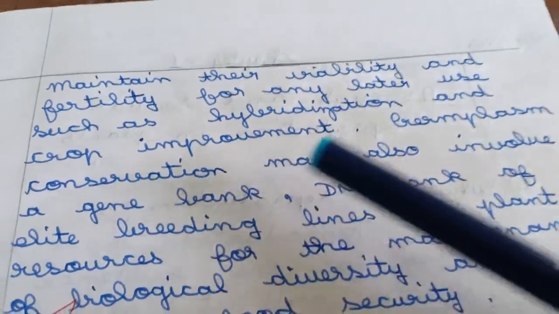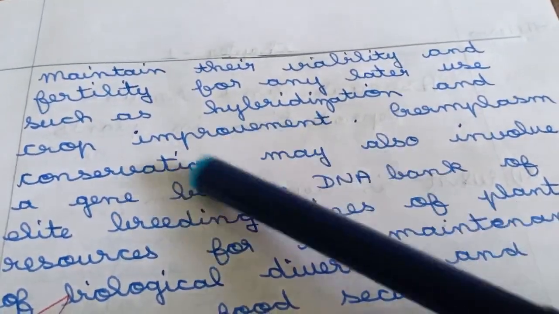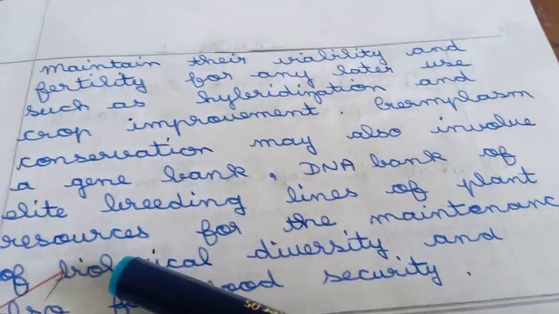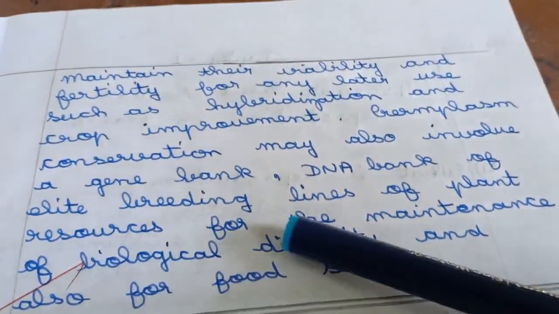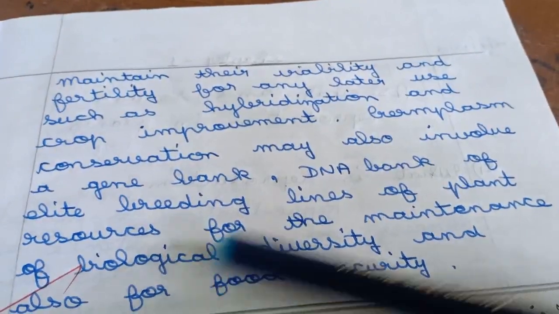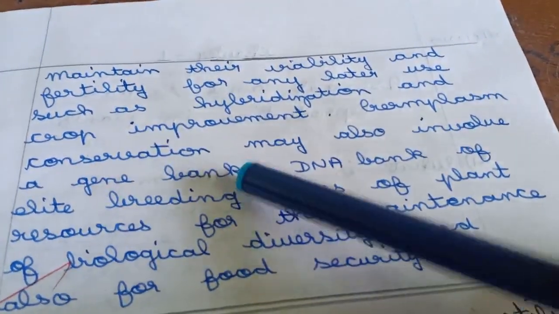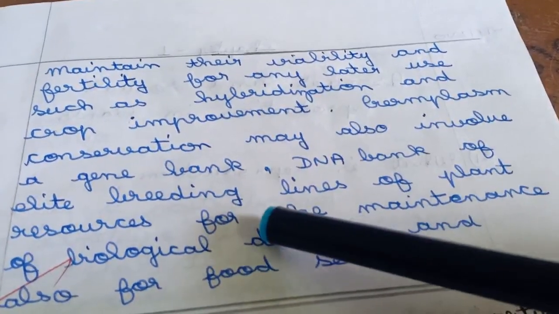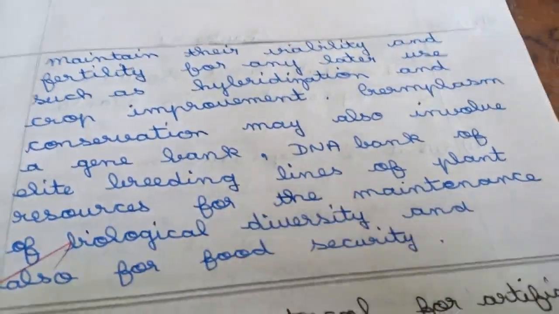Germplasm conservation may also involve a gene bank. Now what is a DNA bank? It holds elite hybrid lines of plant resources for the maintenance of biological diversity. We call these banks gene banks or DNA banks. We store these materials in the bank for the maintenance of biological diversity.